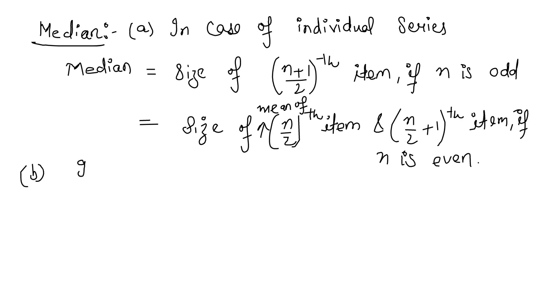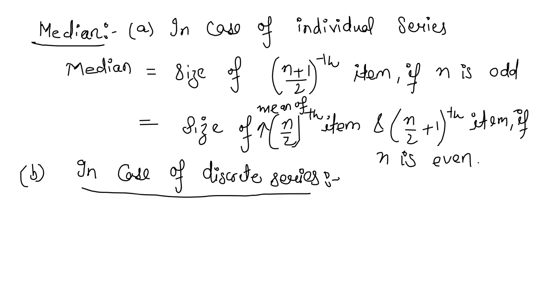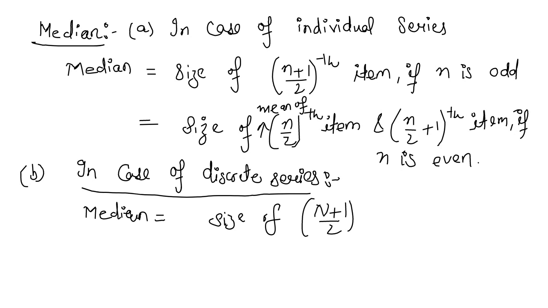Second, in case of discrete series. Discrete series means now with the values of x, frequency is also given. Then how to calculate median? Median is equal to size of (N plus 1) by 2th item.